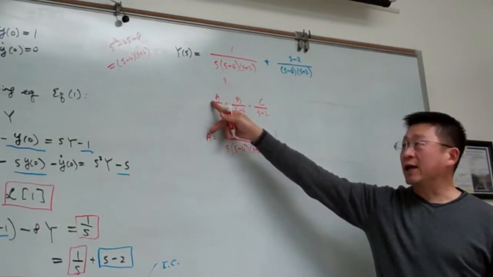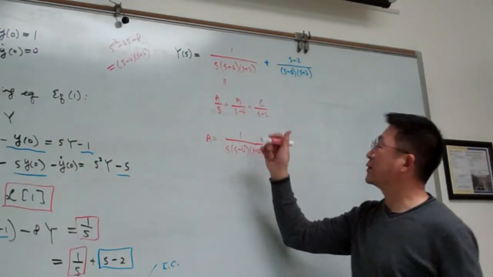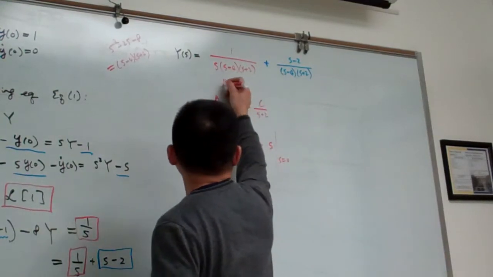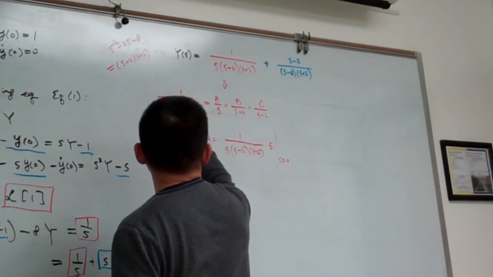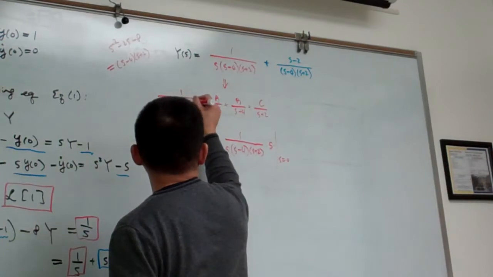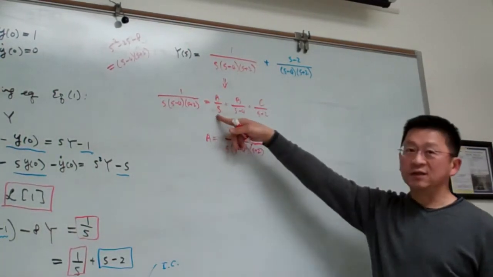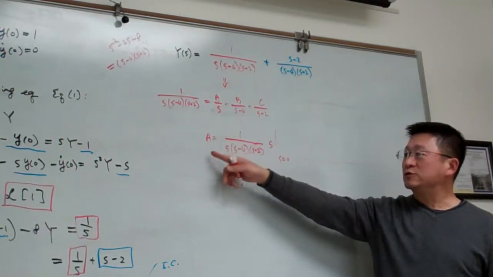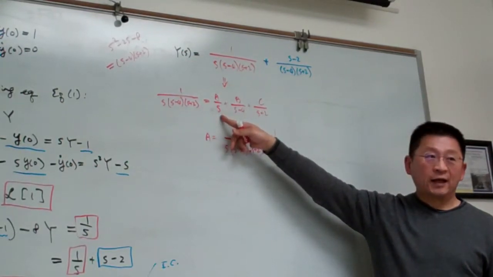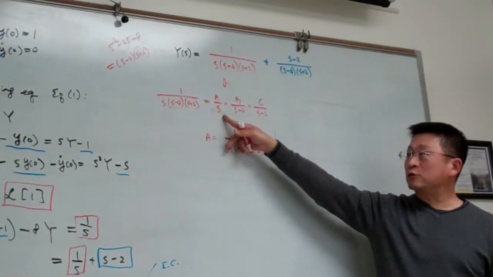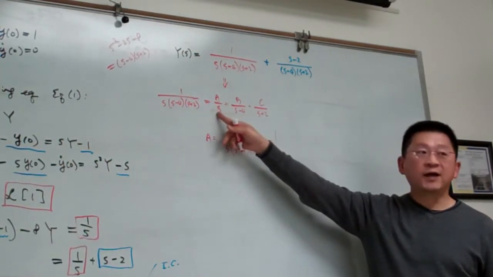To make A stand out, I multiply, okay, this time let me write here. Again, you can see our purpose to determine A is to have A stand out. To achieve that goal, you multiply both sides with s.